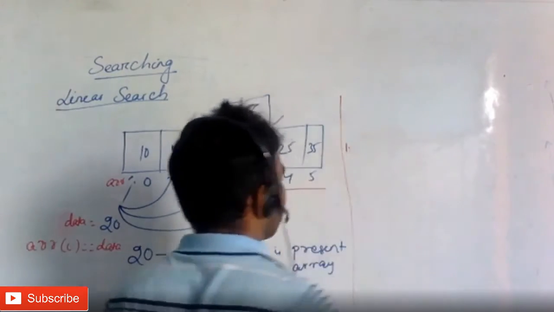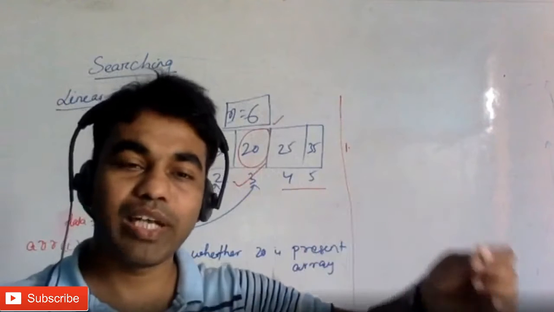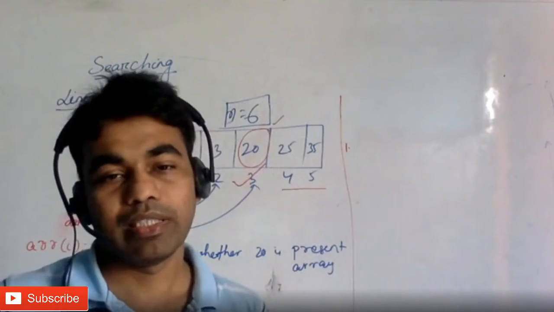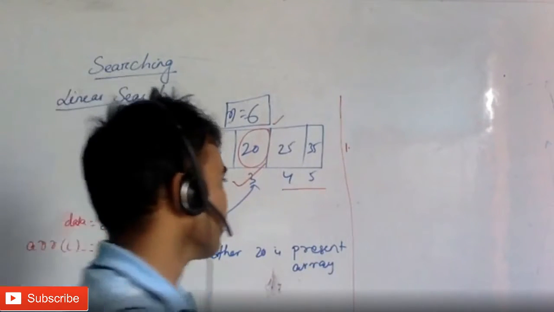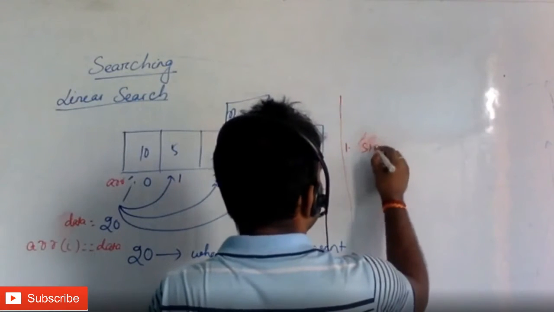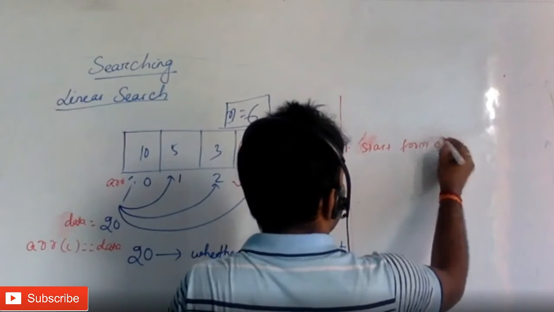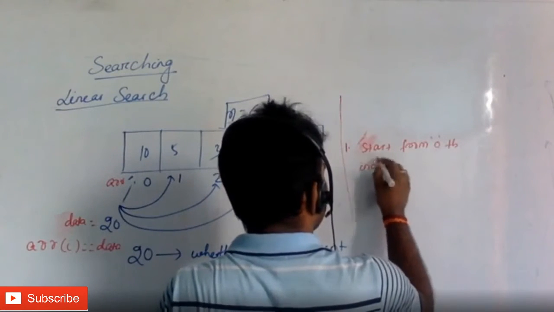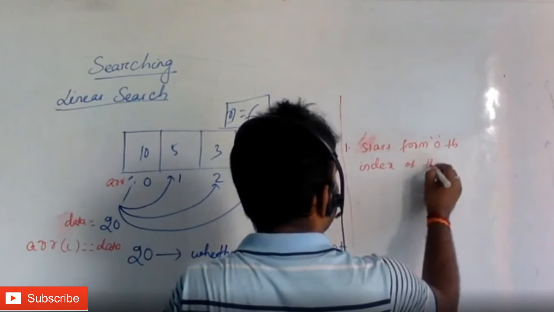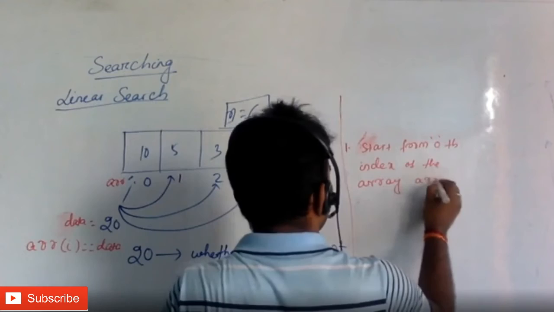Step one: start from the leftmost element of the array, or start from the 0th index of the array ARR, or it can be any name.